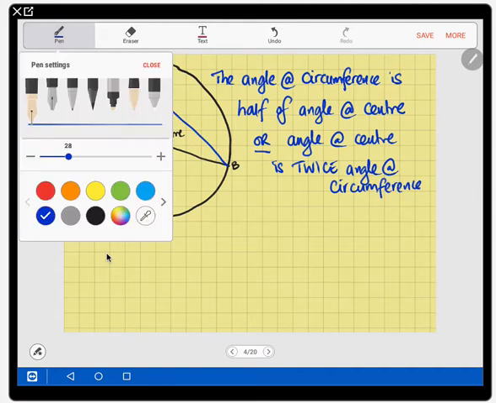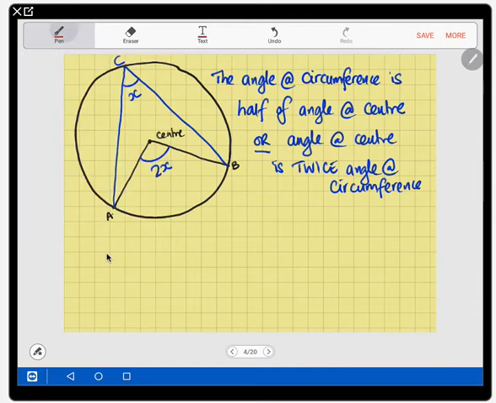If I draw another one, you will still find that this angle will be X as well.